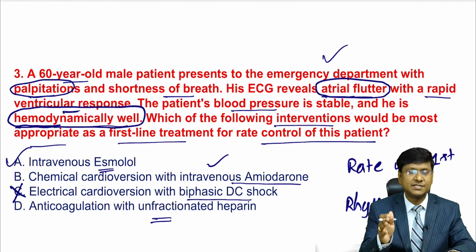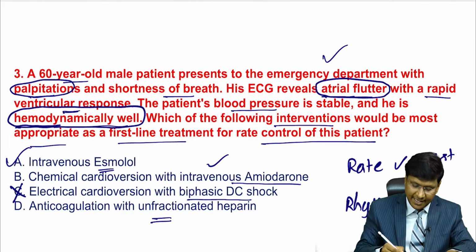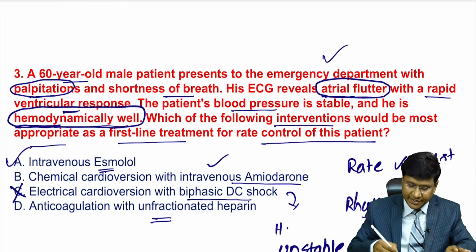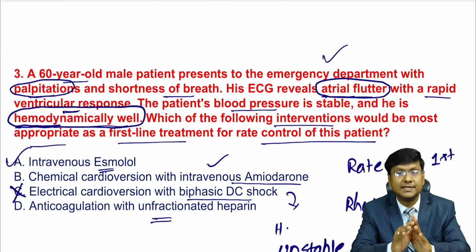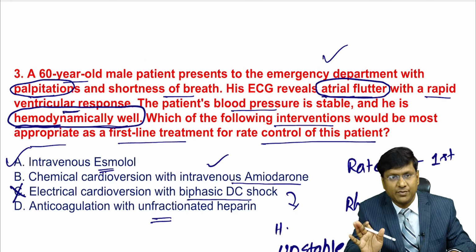So rhythm control is done after you have initiated rate control, and electrical cardioversion is done when the individual is hemodynamically unstable. When the individual is hemodynamically unstable, then electrical cardioversion with biphasic DC shock is very much required.